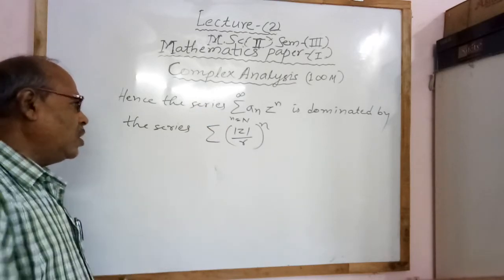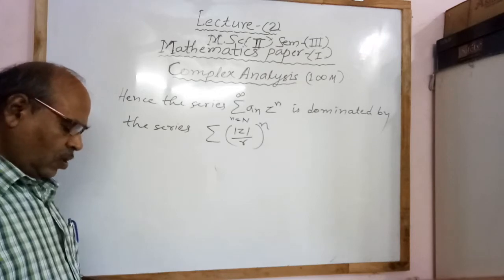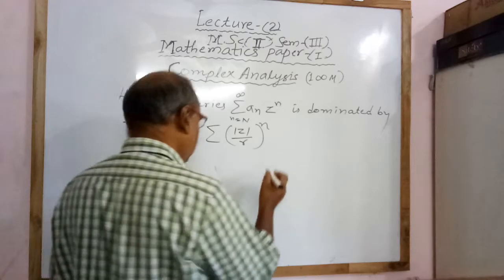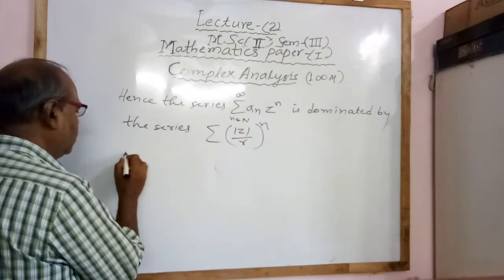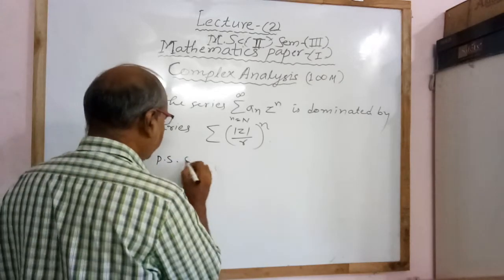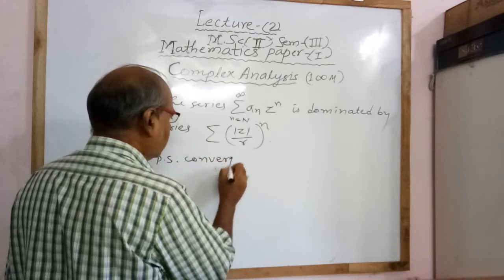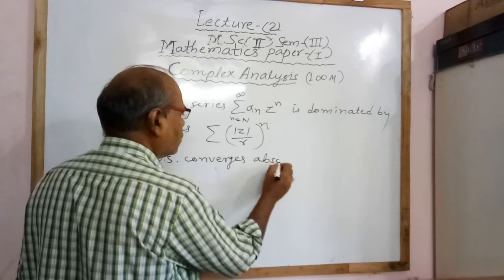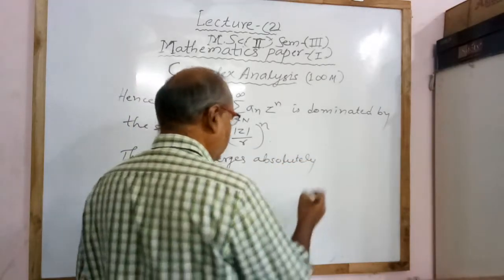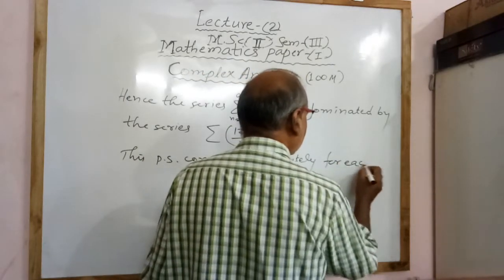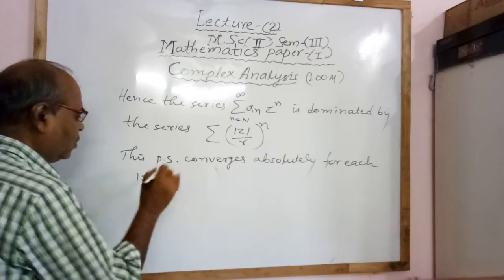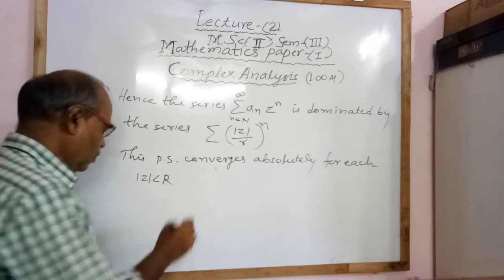Therefore, the series on the left hand side converges absolutely. This power series converges absolutely for each z with mod of z less than r.